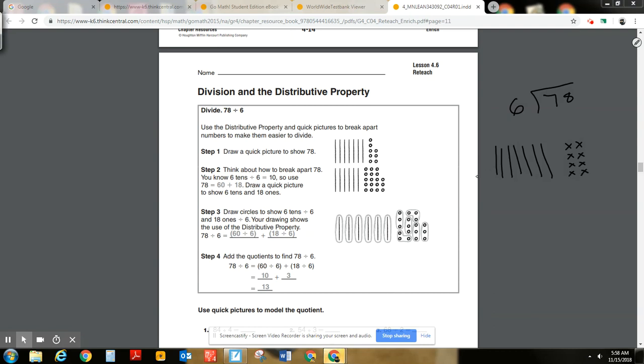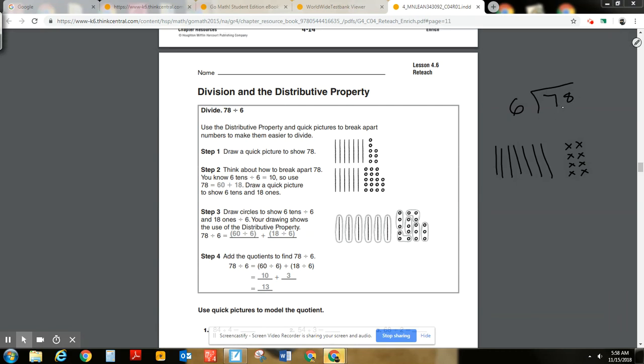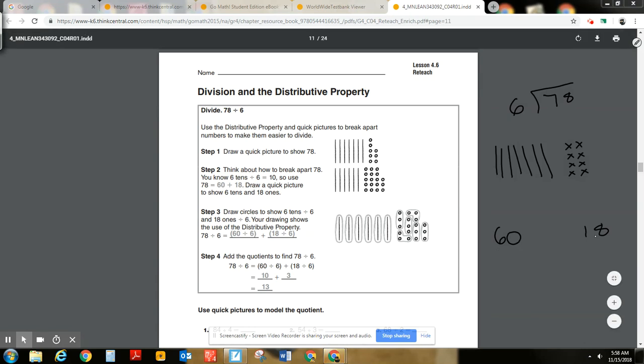So there's my 78. Now we're going to break apart this 78. That's distributed. We're going to break it up into a 60 and an 18, because we know that 60 plus 18 is still 78. We're going to divide each one of these by 6.